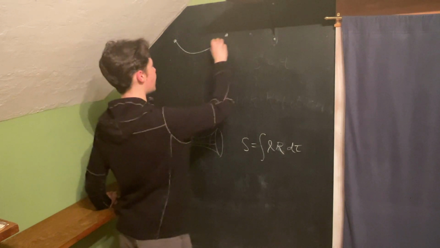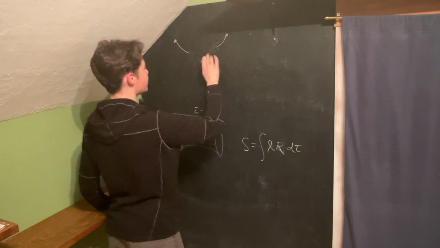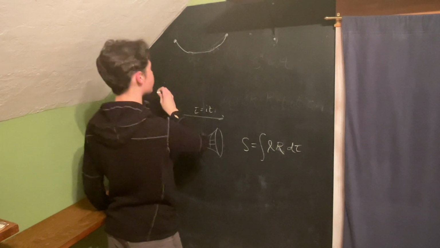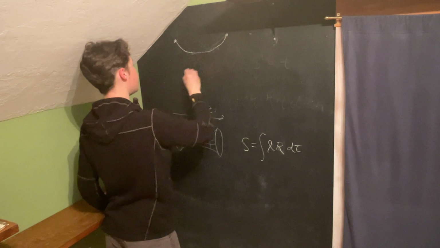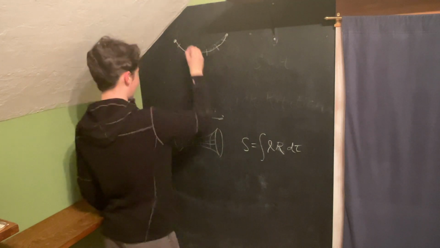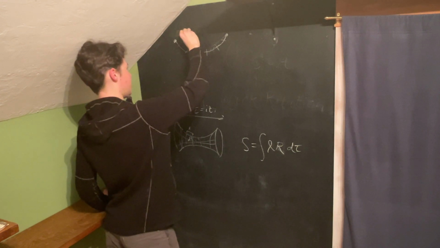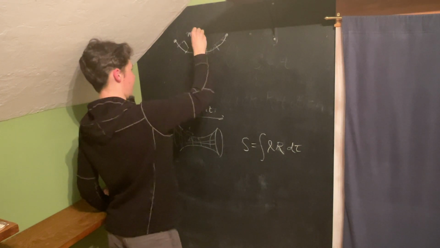So if you have a hanging string here, I'm going to make sure it connects between the two endpoints and is hopefully at least a little bit symmetric. You can break it into a bunch of different sections. And the potential energy for each section is going to be mass, gravity, height.